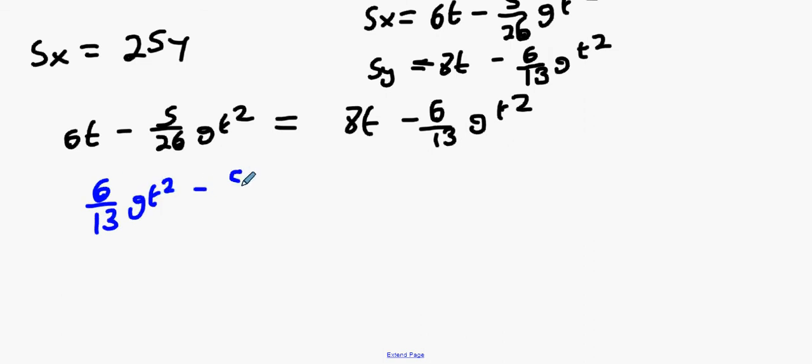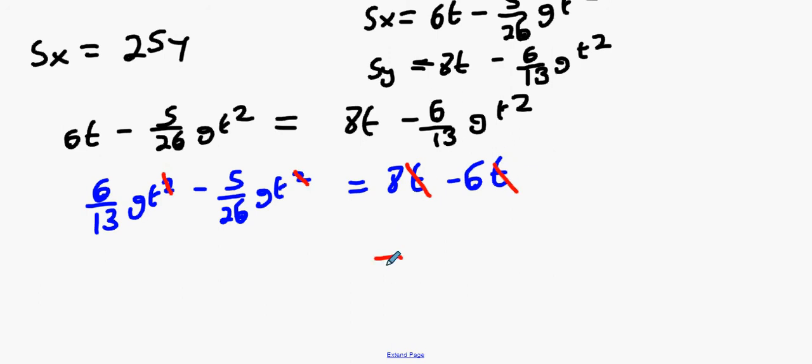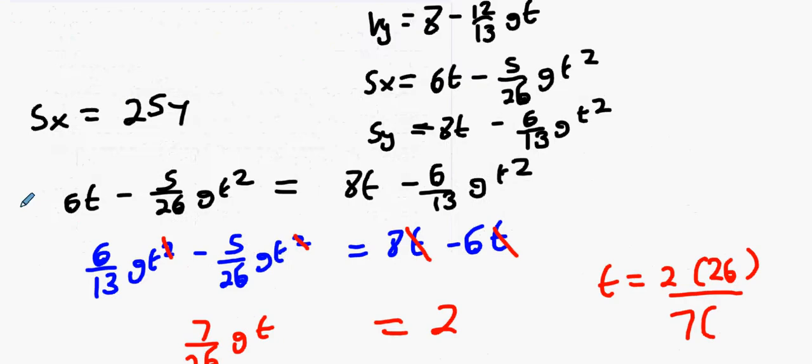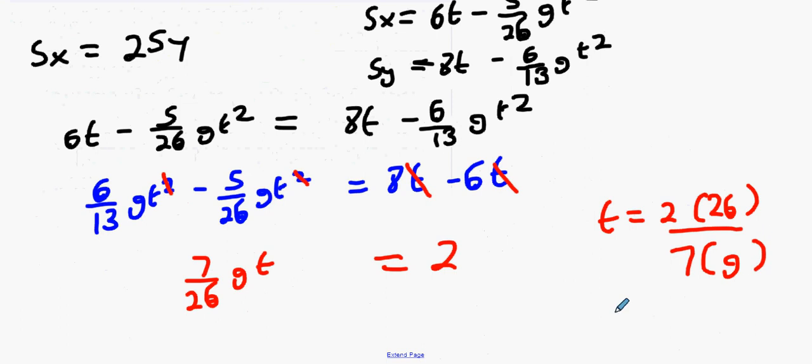And that's 8t minus 6t. You're going to cancel a t off both sides. Then we got 2 equals 7 over 26 gt. Multiply it by 26 and divide by 7 times gravity. It wants it in terms of g, so I'm seeing 52 over 7g.